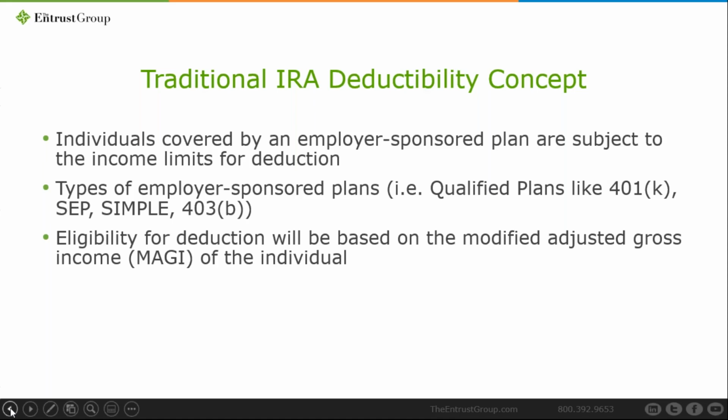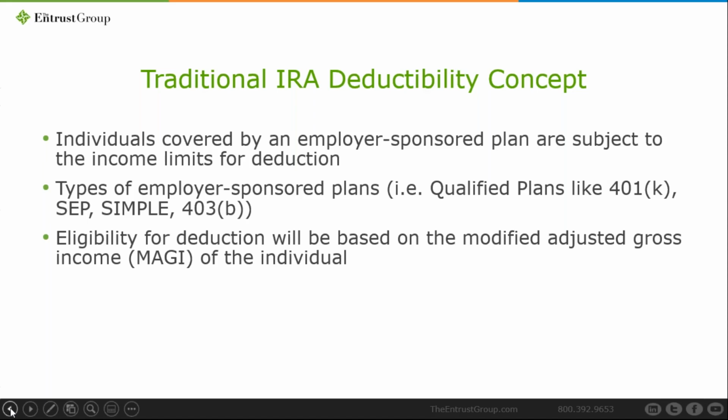In other words, it cannot be used to reduce their taxable income if they make, number one, too much money, and number two, if they're covered by an employer-sponsored plan. What does it mean to be covered by an employer-sponsored plan? If a contribution was made on behalf of a participant of a 401k plan, 403b plan, SEP, or simple, then it means that they're covered.